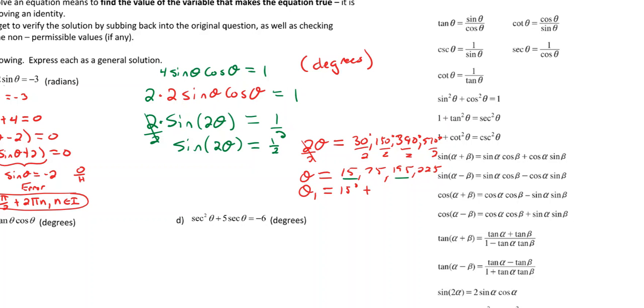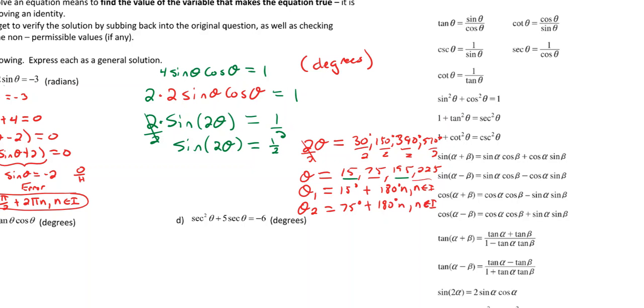Okay, so that's actually just 180, right? So it's going to be 15 plus 180n degrees, where n is a member of the integers. Okay, and then theta 2, we just do it for 75. So then now it's going to be 75 degrees plus 180n, where n is a member of the integers.